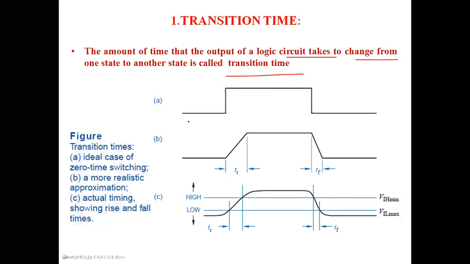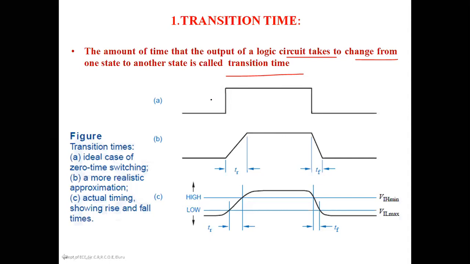From figure A, we get that the output changes instantaneously. One can expect that the moment we apply the input, we will see a change of state at the output.